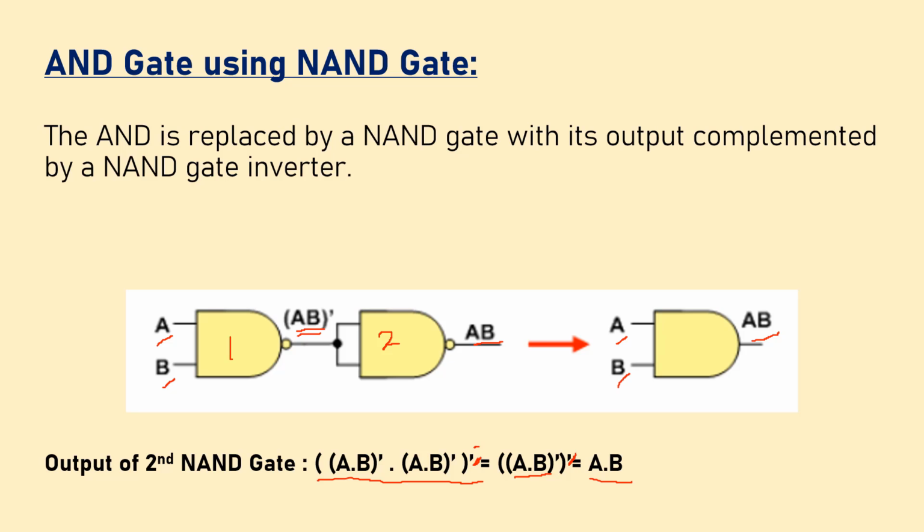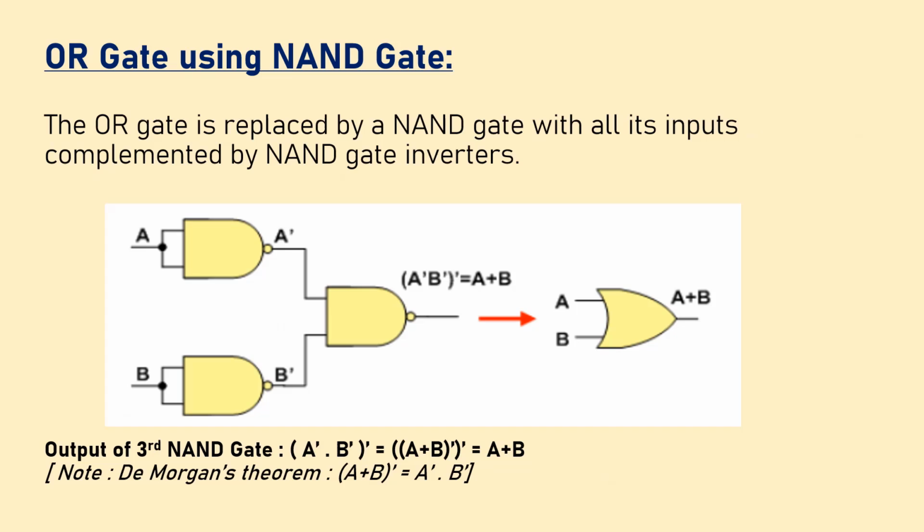Now our third objective is to implement the OR gate with the help of the NAND gate. For the first NAND gate, we are using this as a NAND gate inverter to produce A complement, as we can construct a NOT gate using the NAND gate.